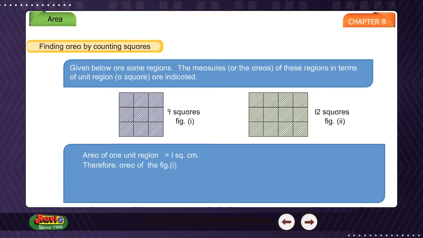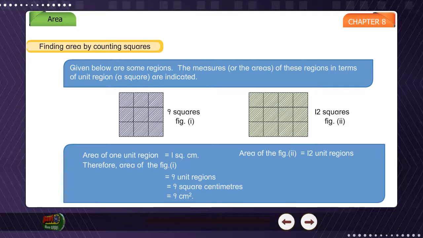Therefore, area of figure 1 is equal to 9 unit regions, which is 9 square centimeters. Area of figure 2 is equal to 12 unit regions, which is 12 square centimeters.